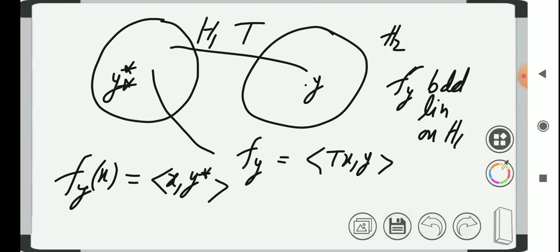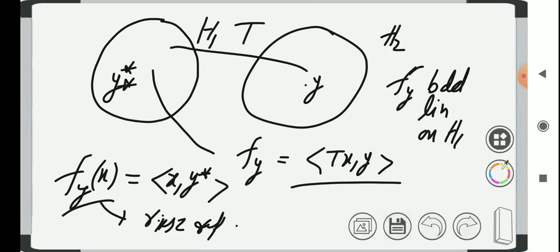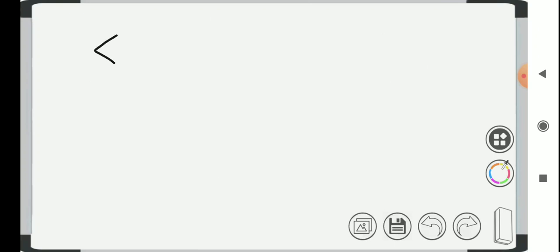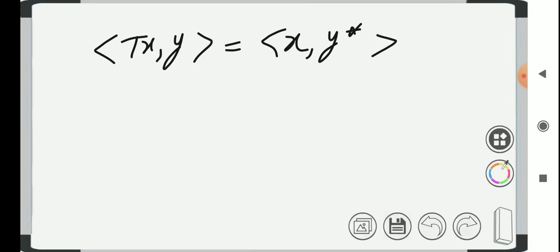This is by the Riesz representation. Since this is also F_y(x), these two quantities must be equal. That is, the inner product of Tx, y should be the same as the inner product of x, y star.